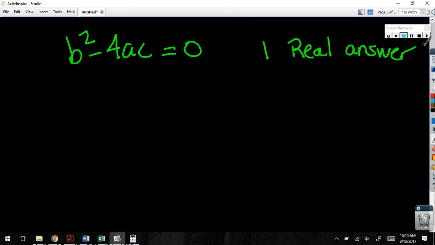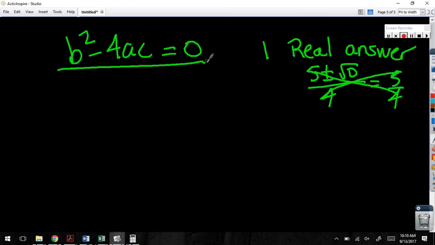Like the one on the warm-ups or the homework, where if you get something like 5 plus or minus the square root of 0 over 4, well, the square root of 0 is 0, so I just get 5 over 4 and I just get one answer. Does that make sense? So without working out the entire formula, I could just do this part, and if I get 0, I know I've only got one answer.